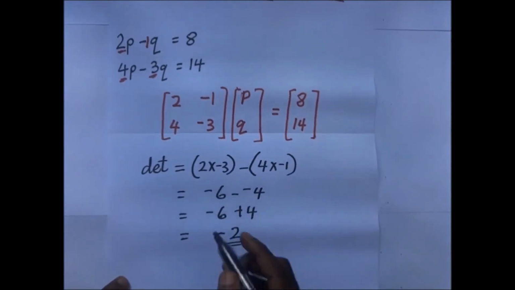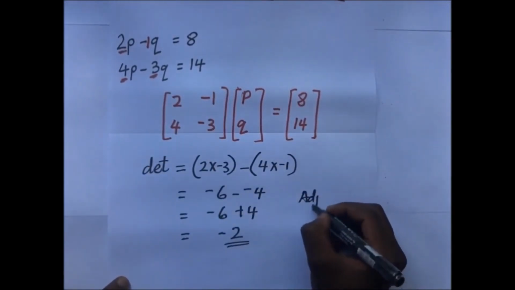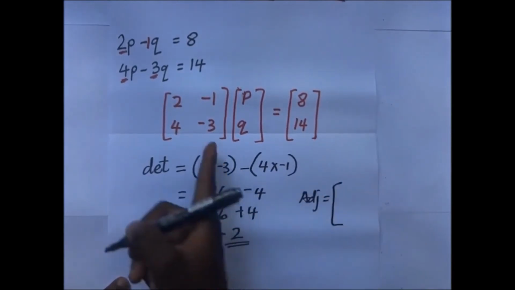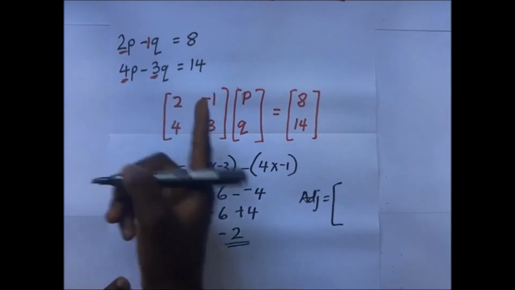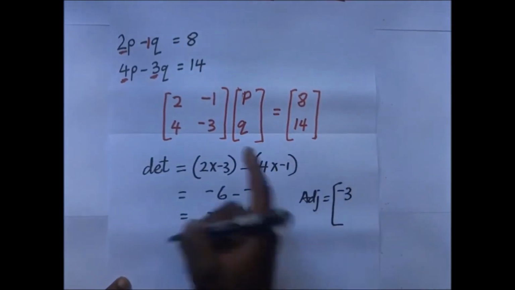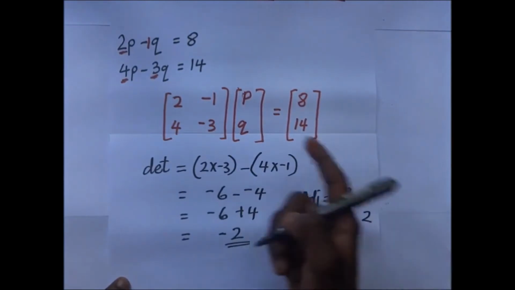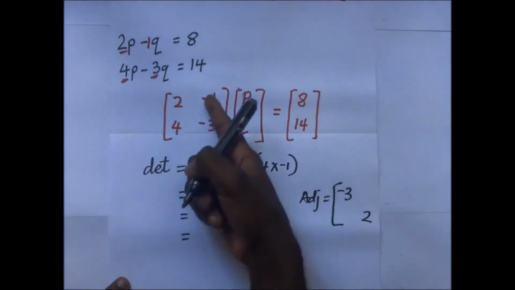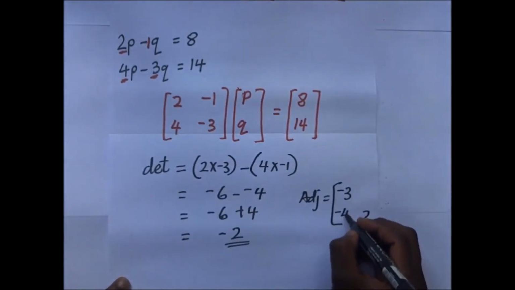So we go ahead and find the adjoint of this same matrix. The adjoint is simply going to become: we interchange the numbers in the main diagonal, so here we have negative 3, and this 2 comes down here. Then in this other diagonal, we multiply by negative 1. 4 times negative 1 is negative 4.